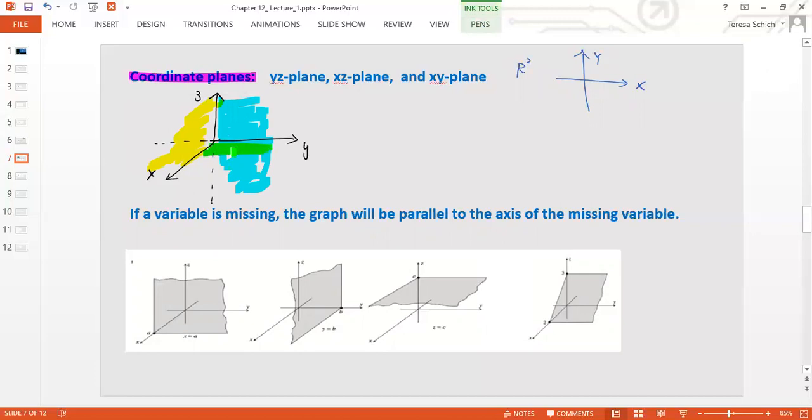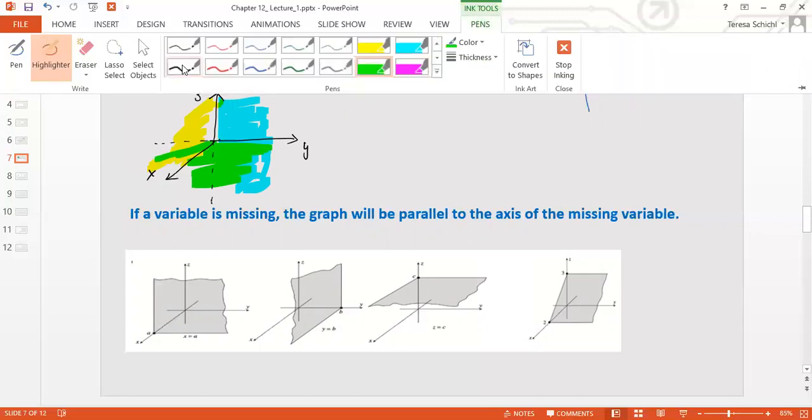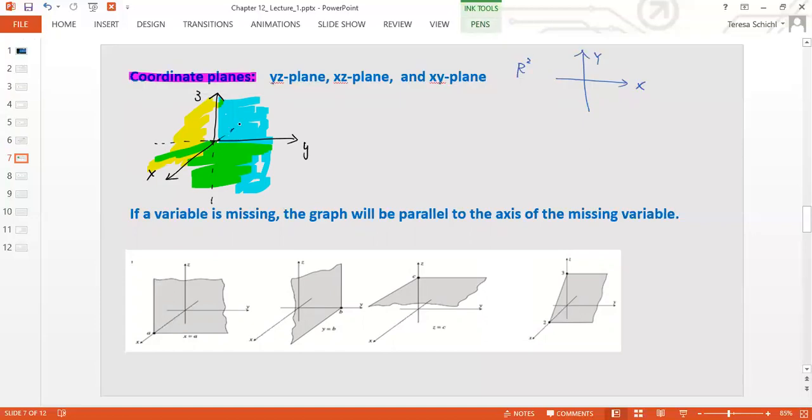It's just like XY here. So the XY plane will be the plane formed by the X and Y axes. The XZ plane will be the plane formed by the X axis and Z axis here, okay?